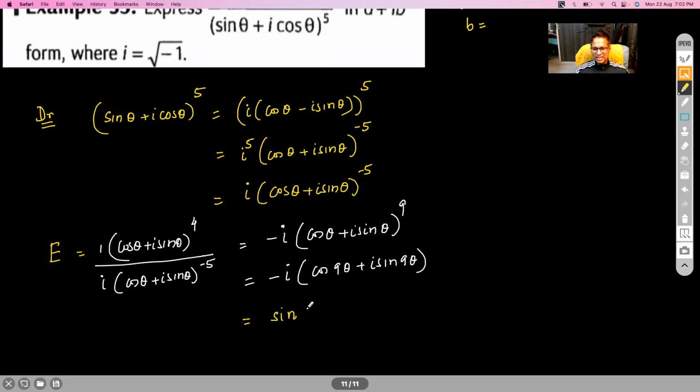So it becomes sin 9 theta, and minus i cos 9 theta. Do let me know if I am missing out anything. So your A value and B value are now pretty obvious. Your A value is sin 9 theta, B value is minus cos 9 theta. So this becomes your answer to this question.